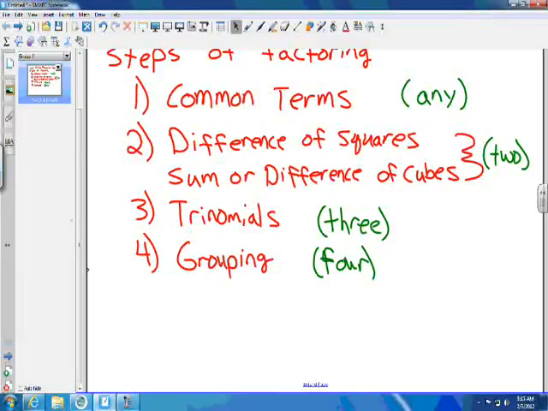Some of them you'll be able to tell right off the bat which one it is, and it'll be pretty simple. Some of the problems, all you can do is take out a common term. And then sometimes you can go on and do some of these other things, sometimes not.